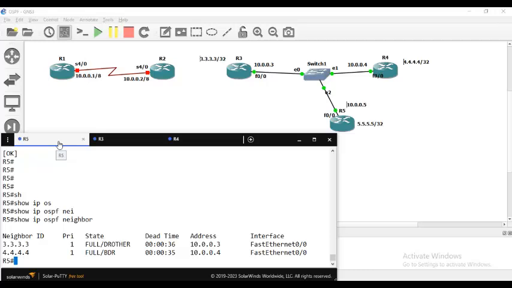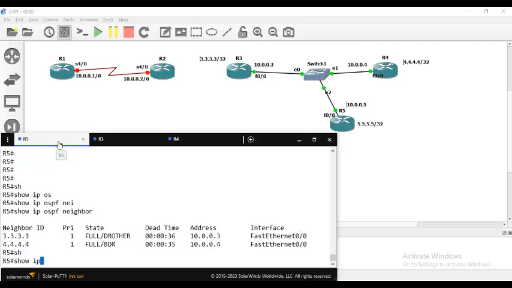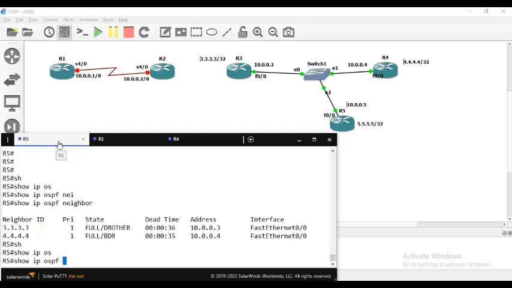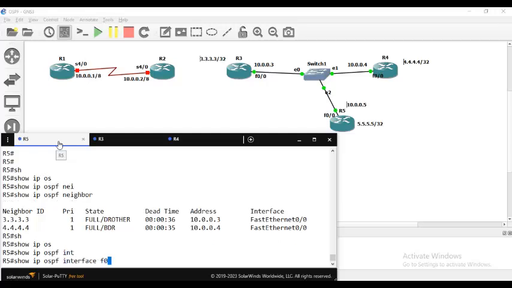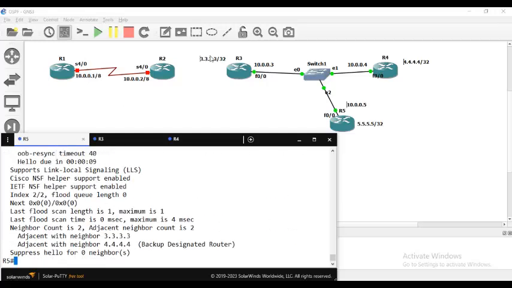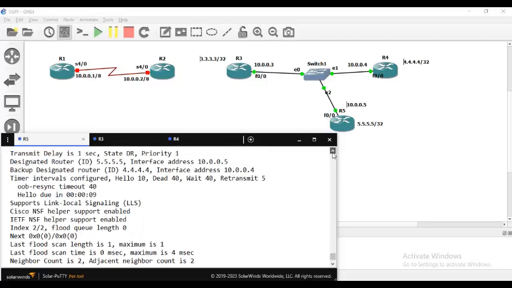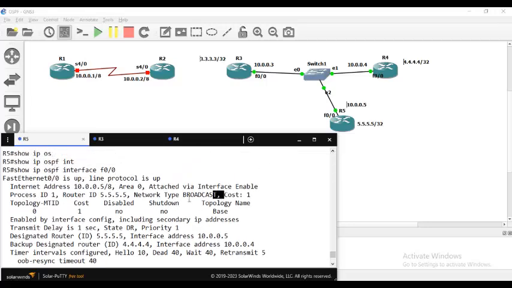This is a normal broadcast environment. See, show IP OSPF interface F00 will show you that. Broadcast. Now we are going to change this to non-broadcast. See what happens. Right now, when it is broadcast, the timer is 10 and 40.